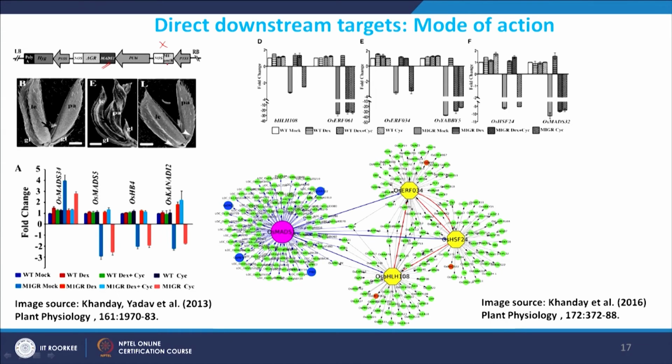Then this delta-GR MATS1, if you induce with dexamethasone, will complement the phenotype. As you can see, this is wild type. When you do not complement with delta-GR, florets are like this, but when we complement with delta-GR after dexamethasone induction, flowers are very normal.